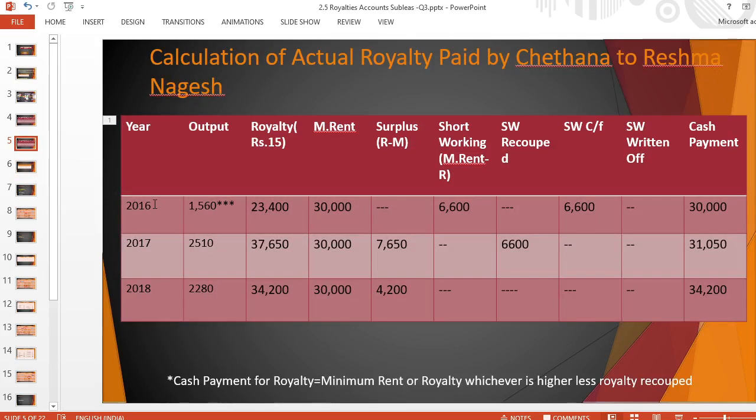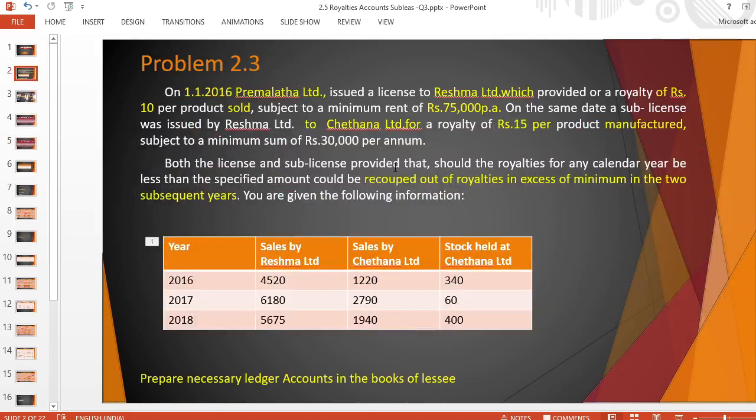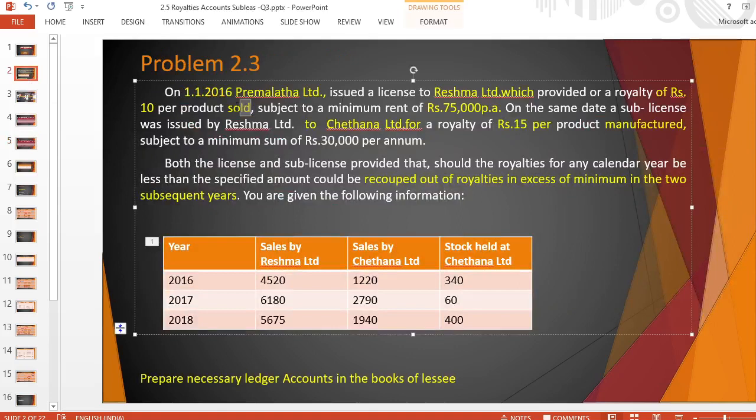I guess you remember the previous classes. In case of sublease problems, we used to prepare one more table of royalty due by lessee and sublessee. Here we have not considered that table. The main reason is that the first or the main lease is based on sales and sublease is based on manufacture. In the previous classes, both the royalties were calculated based on the output.